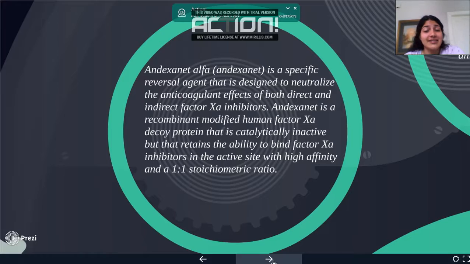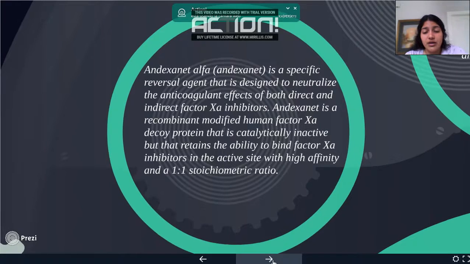Andexanet alpha. Andexanet is a specific reversal agent that is designed to neutralize the anticoagulant effects of both the direct and indirect factor Xa inhibitors. Andexanet is a recombinant modified human factor Xa, the core protein of which is catalytically inactive but retains the ability to bind factor Xa inhibitors in the active site with high affinity and a 1:1 stoichiometric ratio.